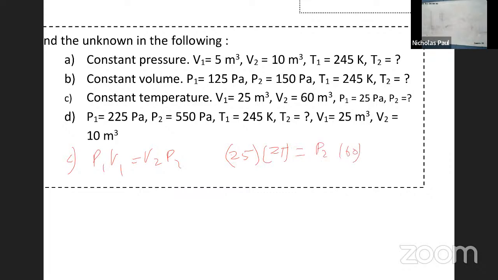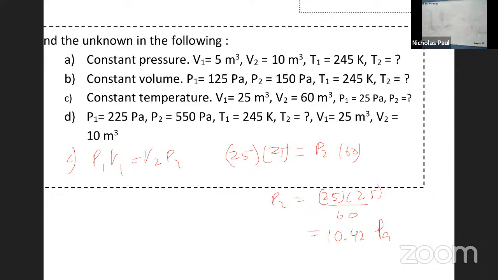Solve for P2. So what's that? 25 by 25 all over 60. How much is that? 10.42, right? 10.42 pascals, right?